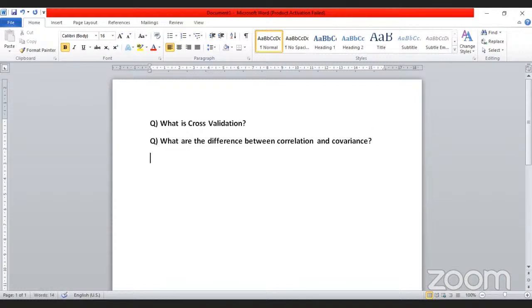Okay, try to answer these questions. Firstly, try to understand what is correlation and covariance. Then you will be able to define the difference between both. Try to give the answer in the chat window.